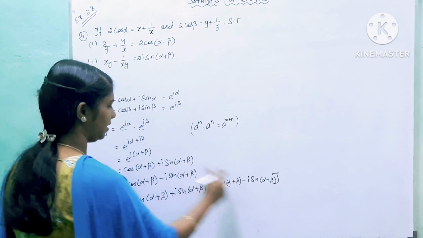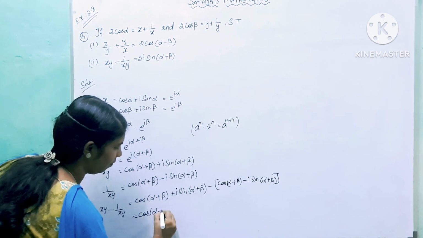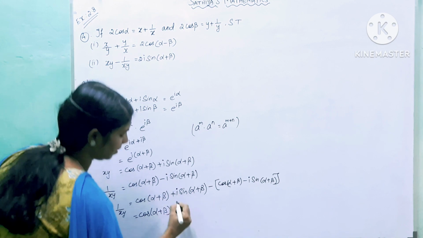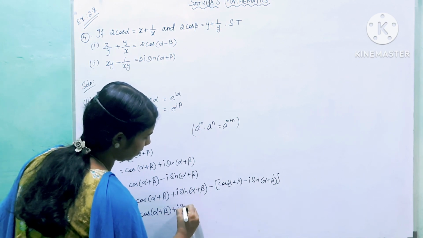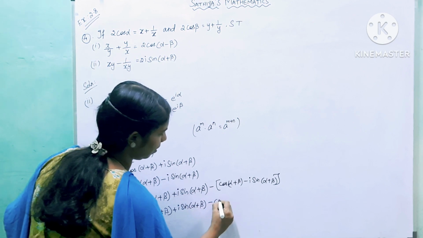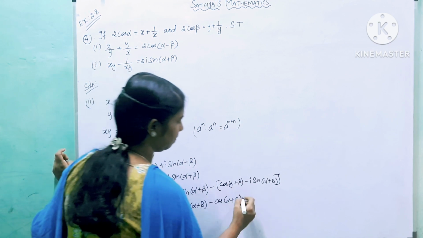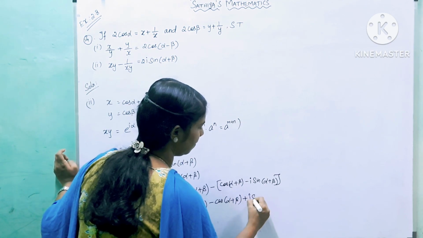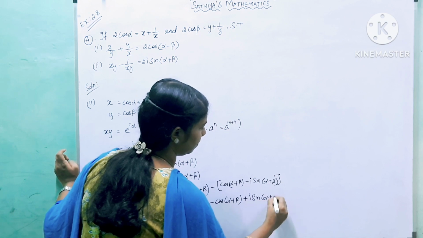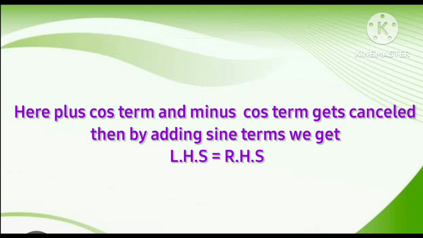By taking this minus inside, cos alpha plus beta plus I sin alpha plus beta minus cos alpha plus beta, minus into minus becomes plus, plus I sin alpha plus beta. So now what happens, plus cos alpha.